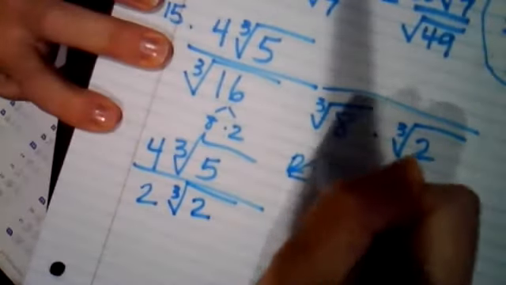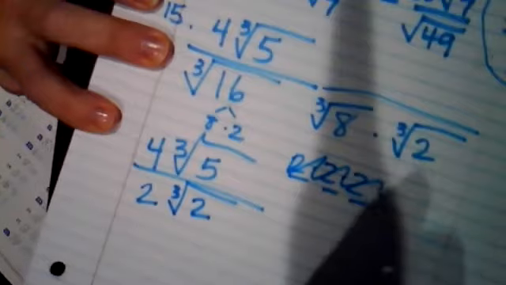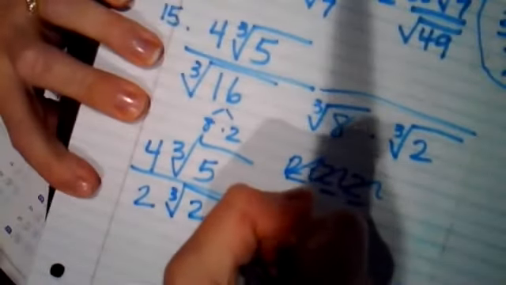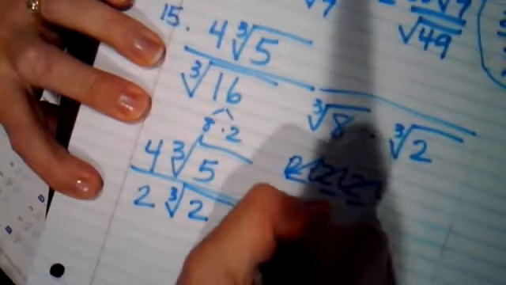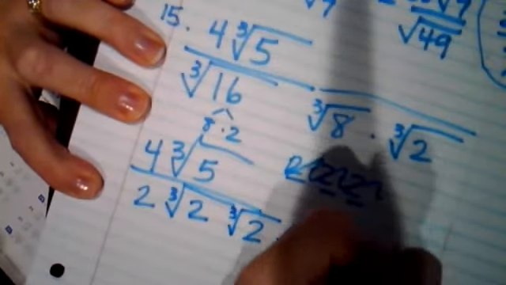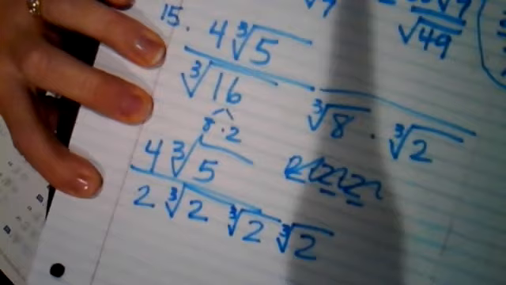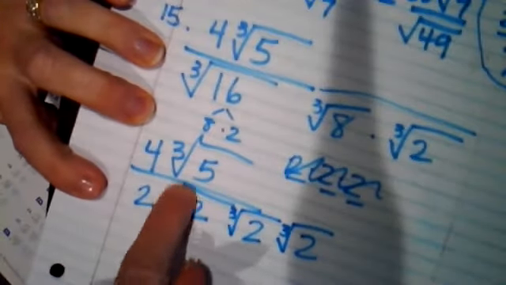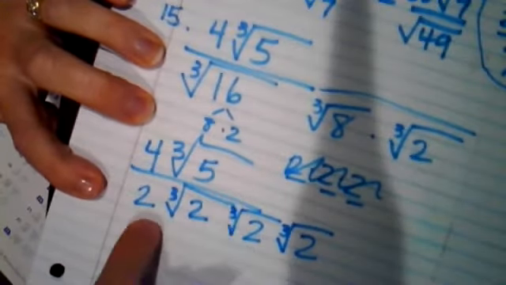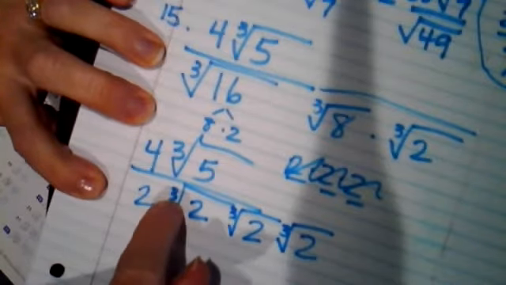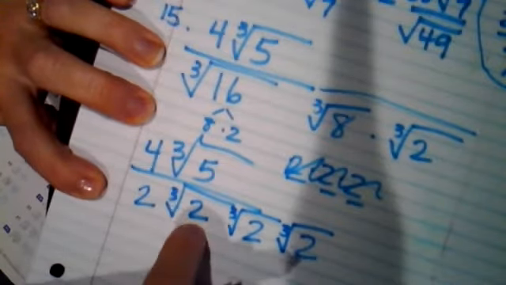When it's a cube root, you're going to have to multiply it by this. Basically we want to get rid of this radical part, and in order to get rid of it, we know we need 3 of whatever is inside.